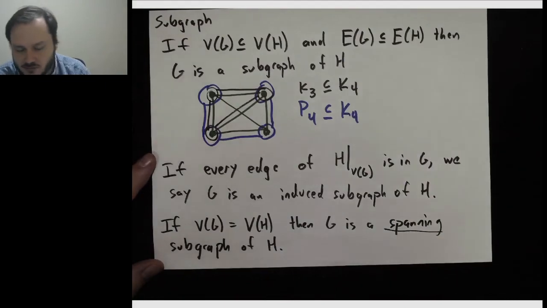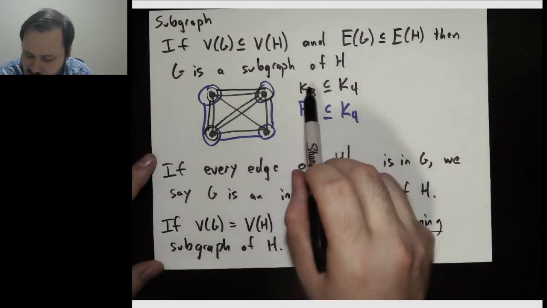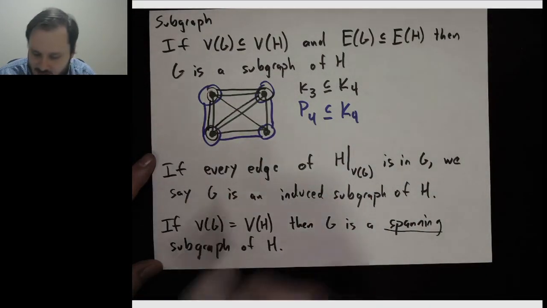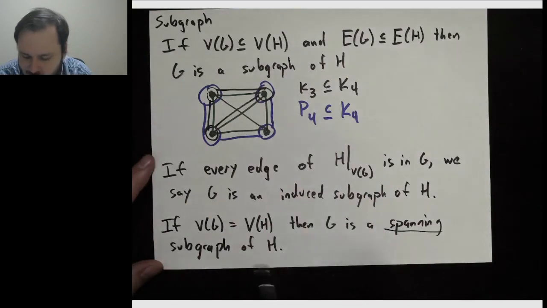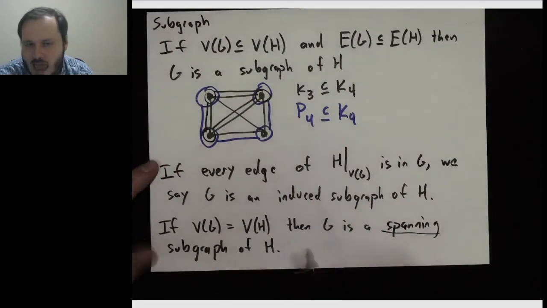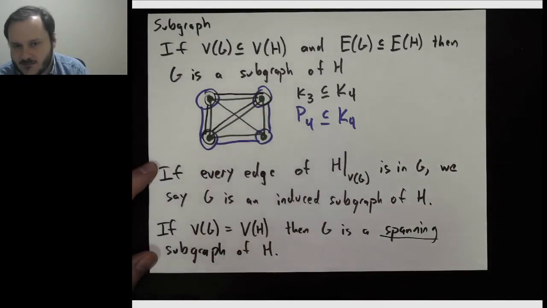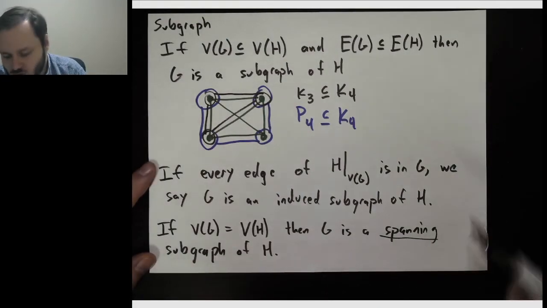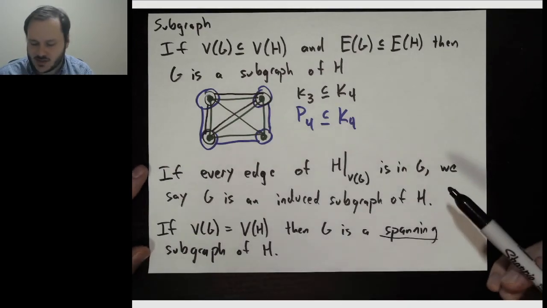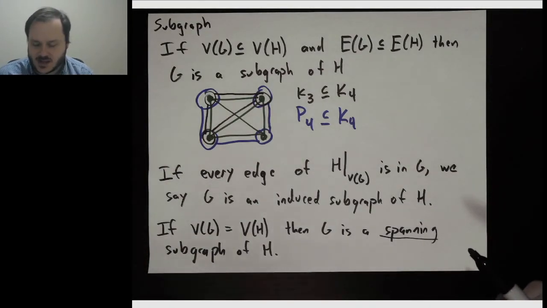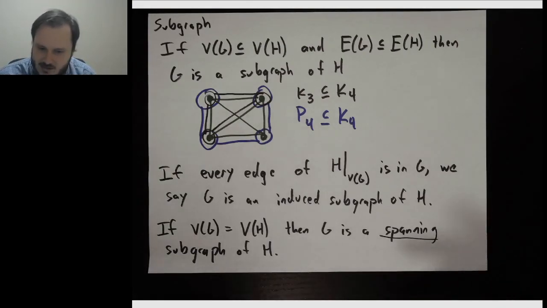I'm using up all the vertices, but it's not induced. K3 is an induced subgraph of K4, but it's not spanning because I left out this vertex. And the only way you can have an induced spanning subgraph is if you take the original graph. So it's worth noting that G is always a subgraph of itself, and it is the only induced spanning subgraph.